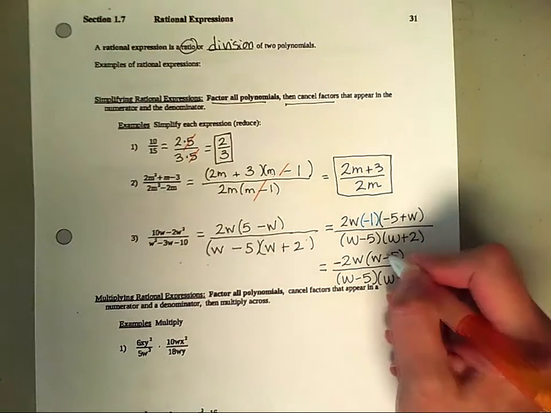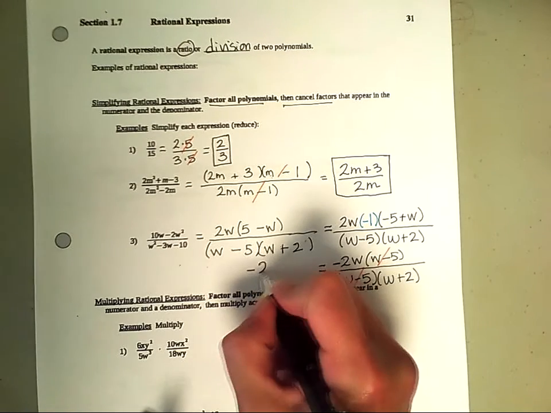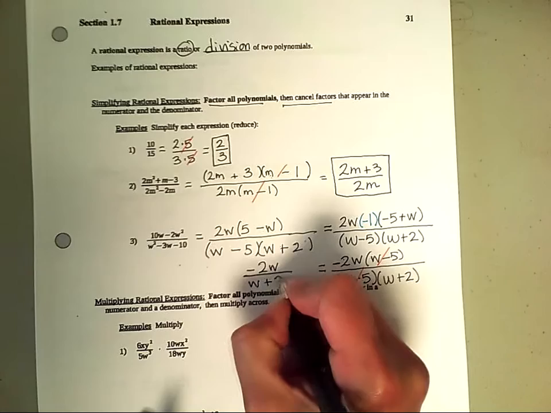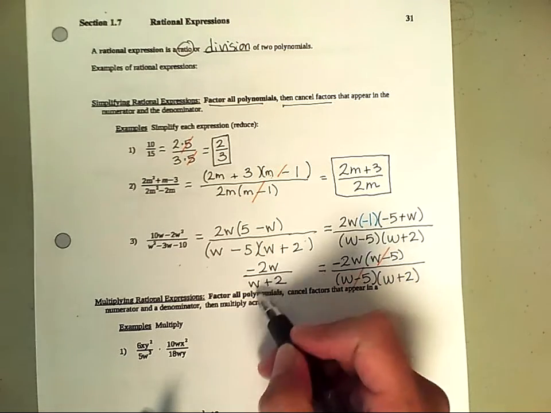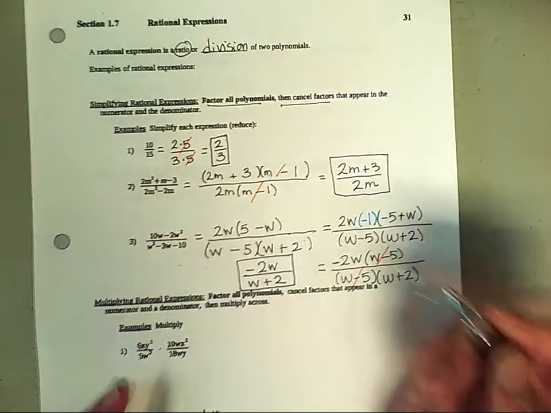And then here we can see the common factors, which will cancel, leaving just minus 2w up top over w plus 2. Okay. Again, we cannot cancel the w's. Those are not common factors. They are common terms.